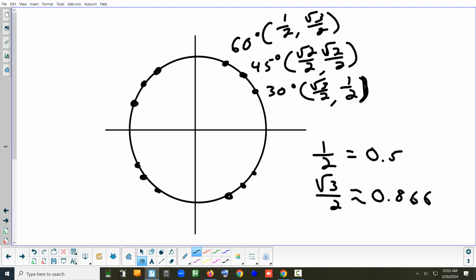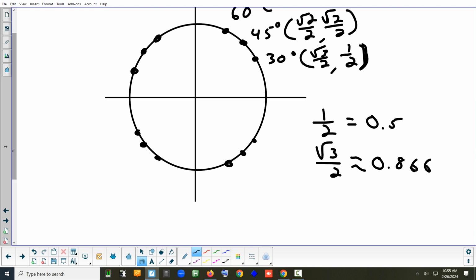Knowing that 0.866 is root 3 over 2 will be helpful. And root 2 over 2, does anyone remember what that one is as a decimal? 0.7071, so about 0.707.